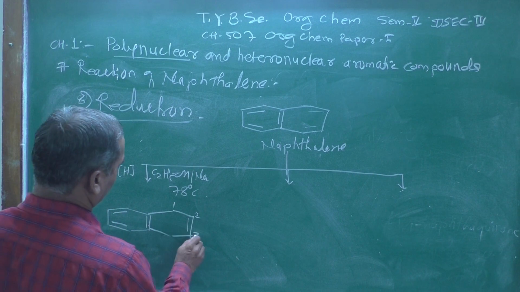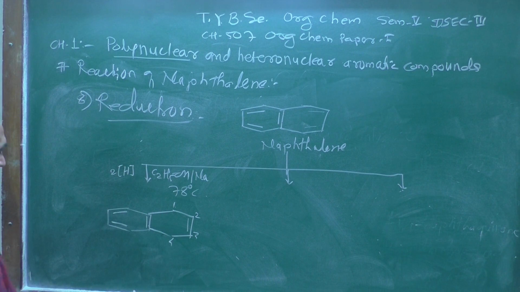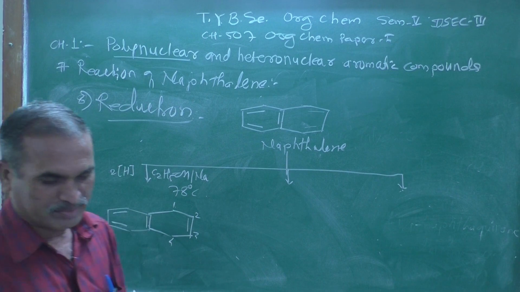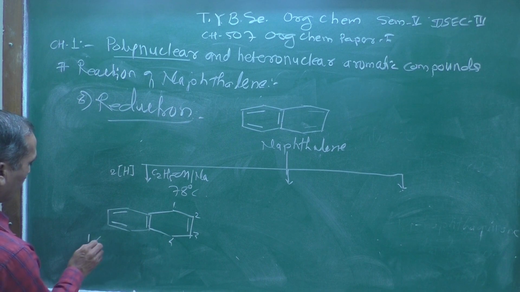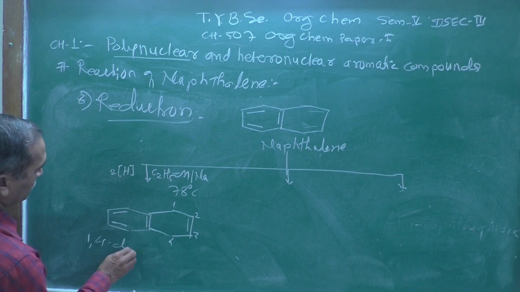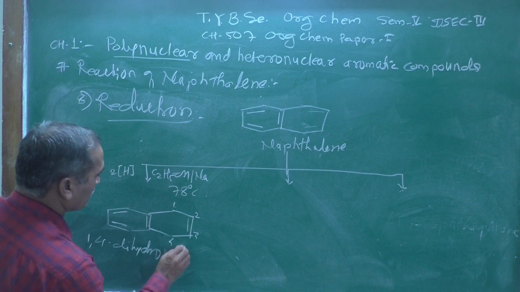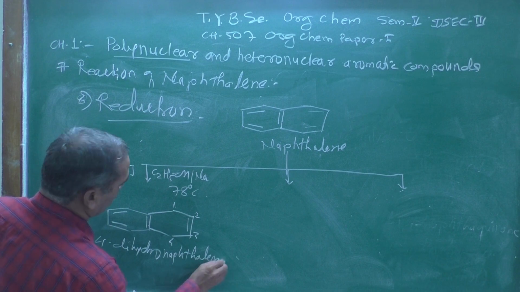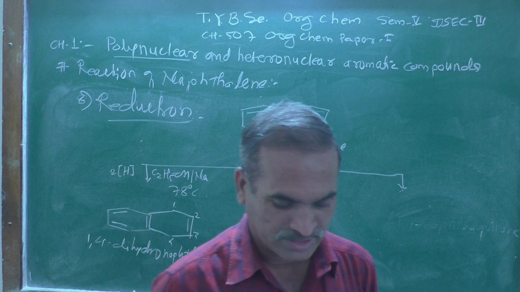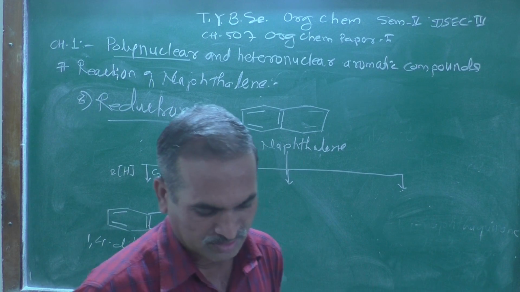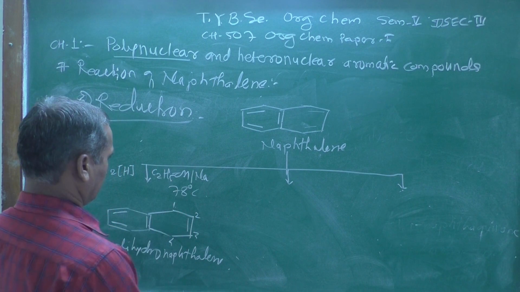At 1, 2, 3 and 4, at 1 and 4 position there are CH2 groups, and therefore these kinds of compounds are generally referred to as 1,4-dihydronaphthalene, which is the compound we will get by using the reagent like this.